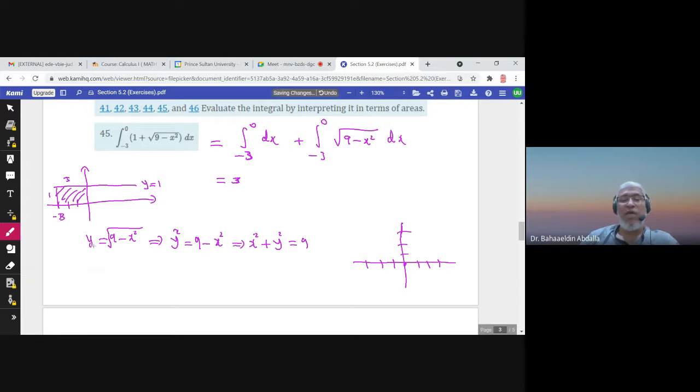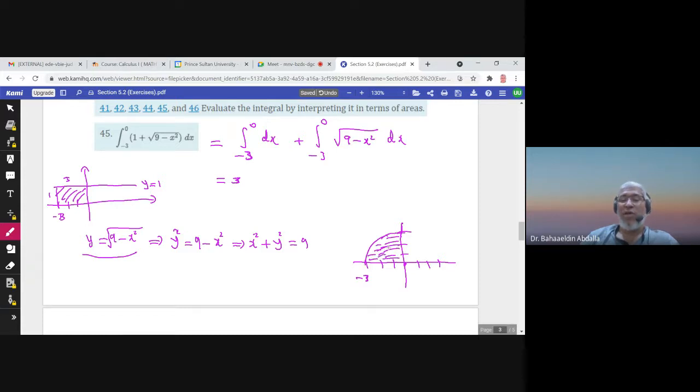Since y is the positive square root, this means that we are talking about the upper half of the circle. But the region is from negative 3 to 0. So he is only talking about this part of the graph. So we need to find the area of this region.